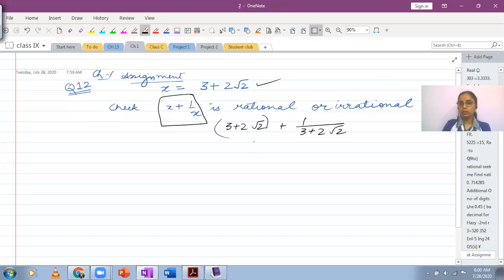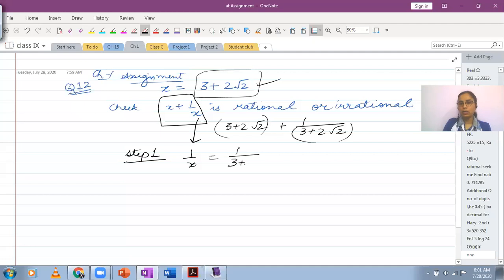So at this point, this is x in the denominator. I'm not going to work with this as such. What I'm going to do is, first of all, work with 1 by x. That will be the first step. I'm going to just work with this part where this expression will appear in the denominator, and if I write this down, this actually becomes an expression where the denominator is irrational.